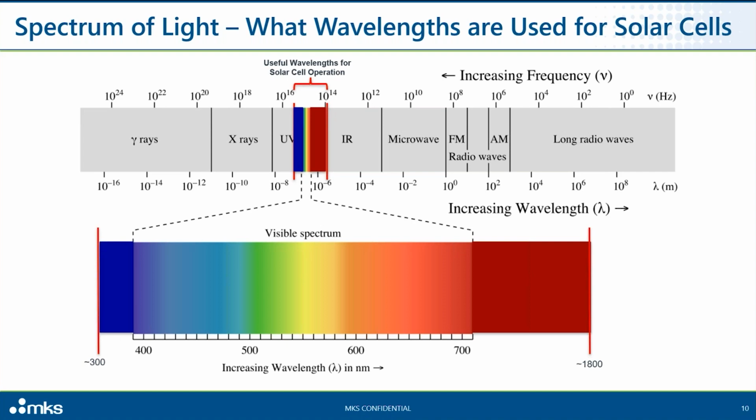The energies in these extensions of the spectrum are less, but as these emerging technologies or multi-junction cells come in, we can start to take advantage of some of the areas that are traditionally harder to convert into electrical current.